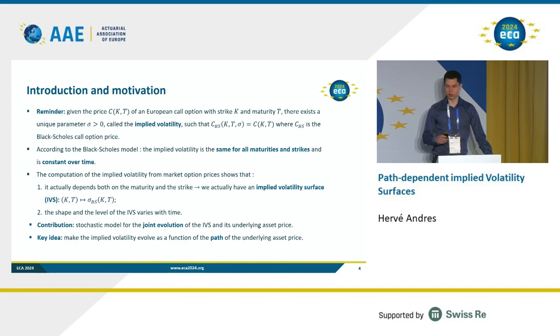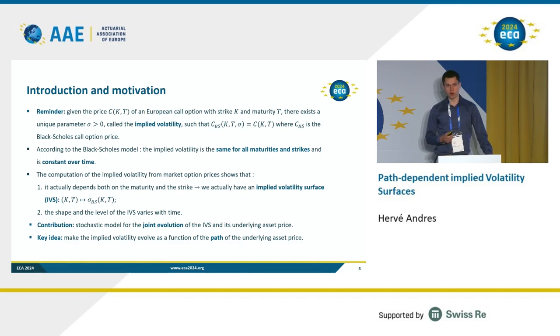This is the first observation, and the second one is that this implied volatility surface is not constant over time. If you look at the implied volatility surface one year ago or today, it is very likely that the level and the shape are not exactly the same.